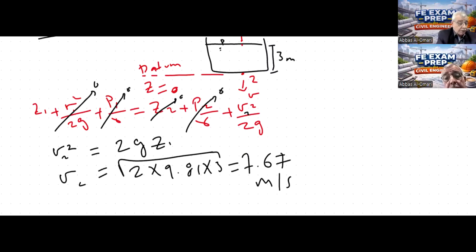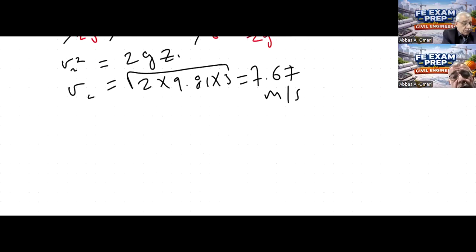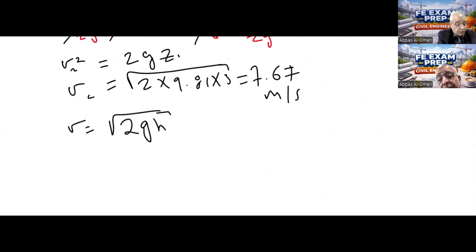Now, in this type of problem, you can immediately apply, if it is a reservoir exposed to the atmosphere and we want to find the velocity at any point downward, V equals square root of 2gh, where h is the depth from the water surface to the point where we want to determine the velocity.